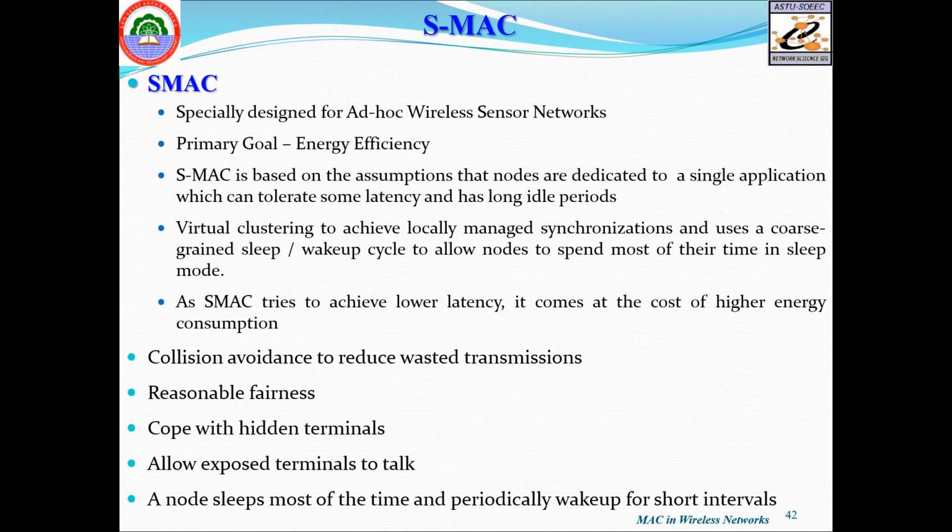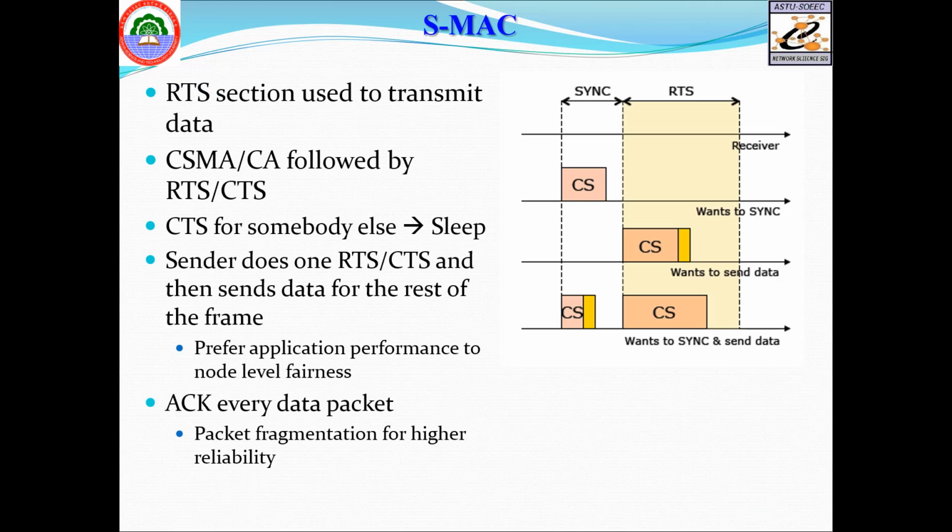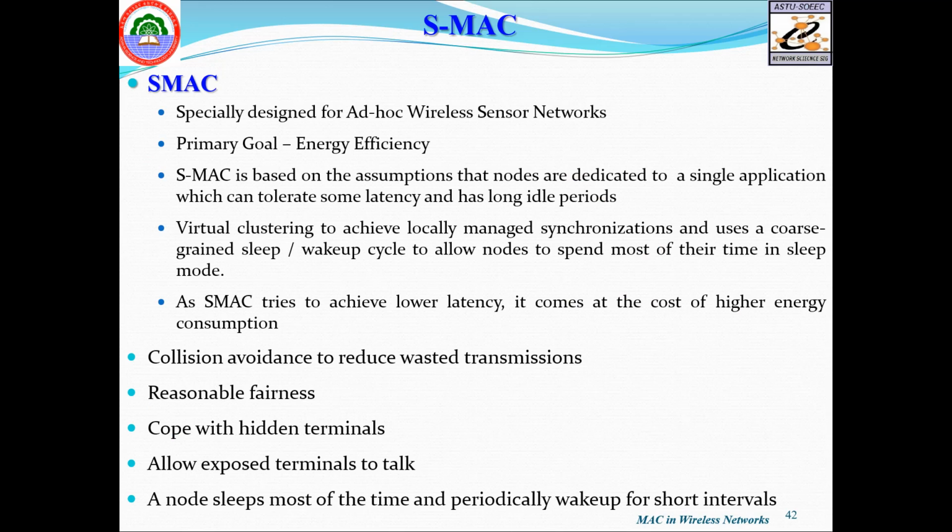With SMAC, when we have many different nodes deployed in a particular region, different virtual clusters are formed, and there is a possibility of these virtual clusters overlapping. This means there could be nodes that are the bordering nodes between these different virtual clusters. These bordering nodes sense the schedules corresponding to each of these clusters.